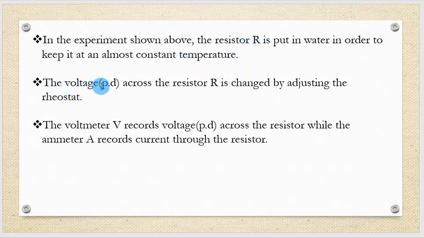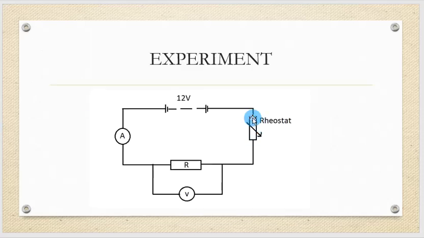Then the voltage or potential difference across the resistor R is changed by adjusting the rheostat. By the way, a rheostat is a variable resistor. It's a resistor with a resistance that is not fixed, so we can adjust it.